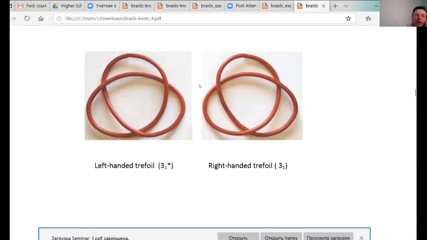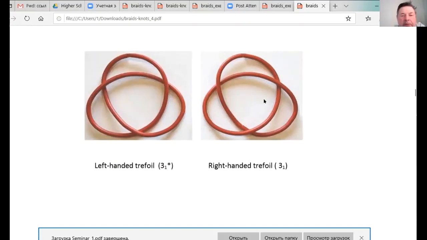We'll see when we look at the Jones polynomial that it can distinguish them. So you see that there is a left-handed trefoil and a right-handed trefoil. What's the difference? And what is the mirror image of a knot?